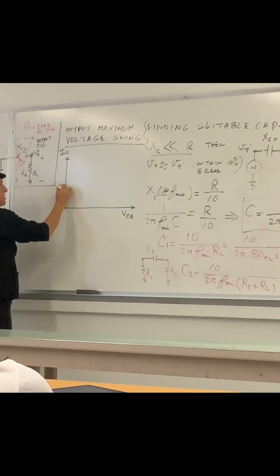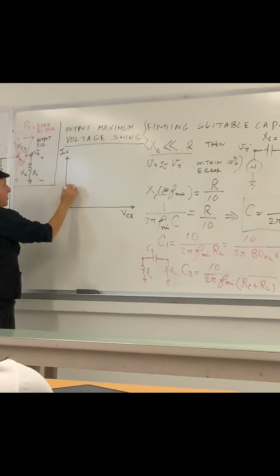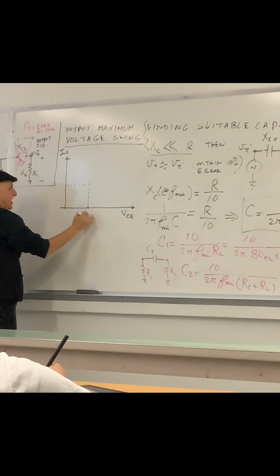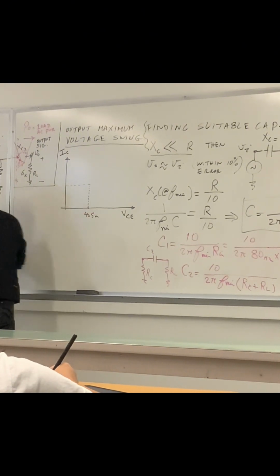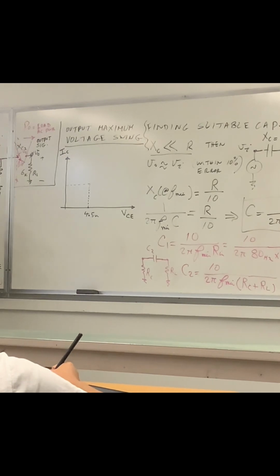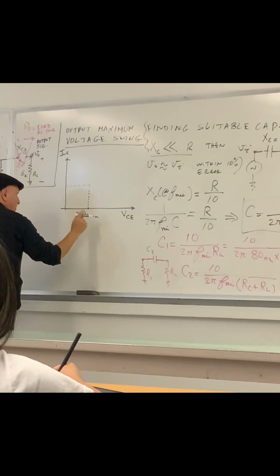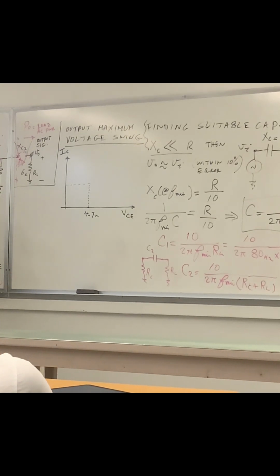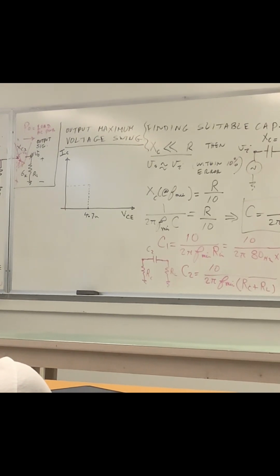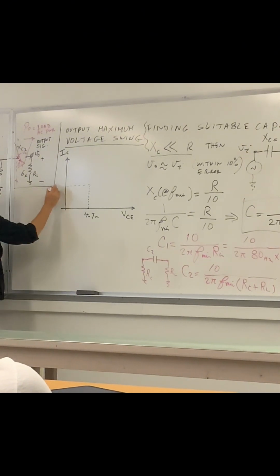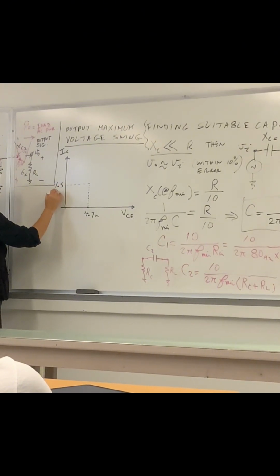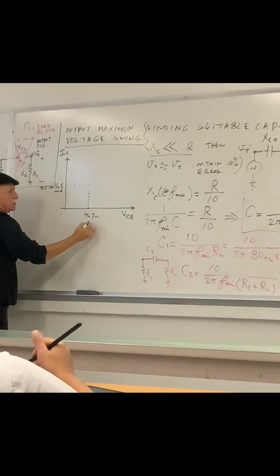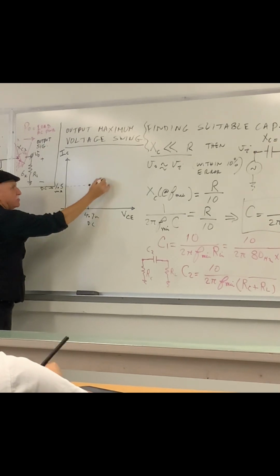We have established a Q point, 4.7, it's this DC voltage. Then we have established 1.5 milliamp in the collector current. This is the DC, and that's the Q point.